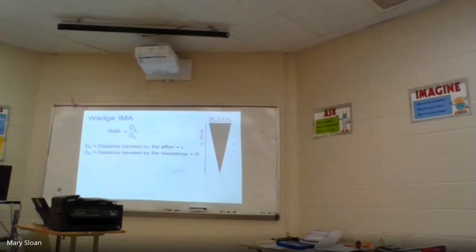So you're going to do your IMA again, which we know what IMA stands for now. It's going to be DE over DR. DE is the distance traveled by the effort, and DR is the distance traveled by the resistance, so it would be 10 divided by 30.